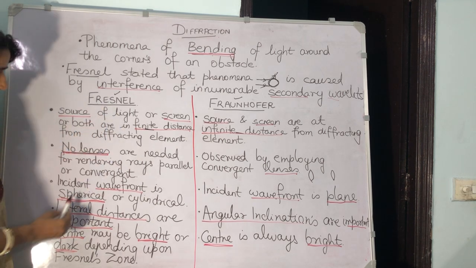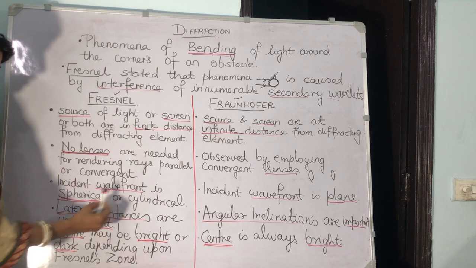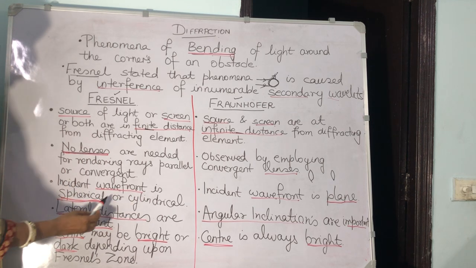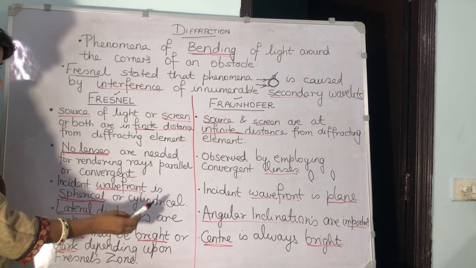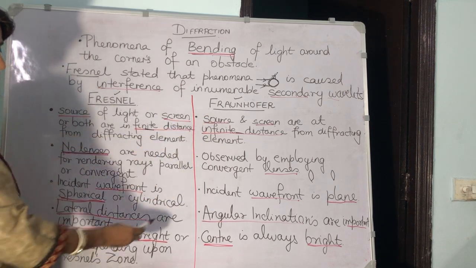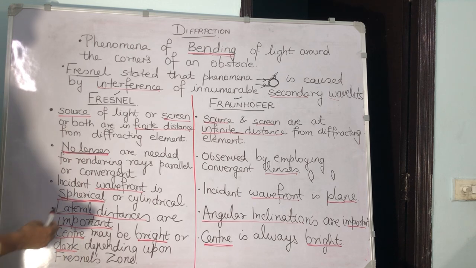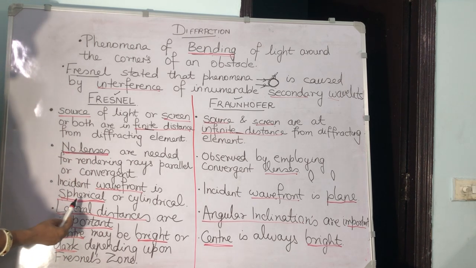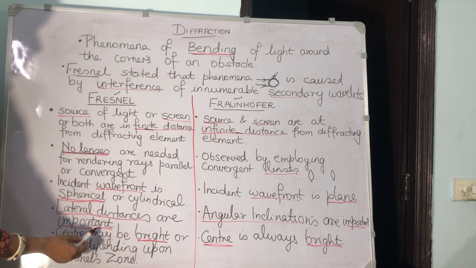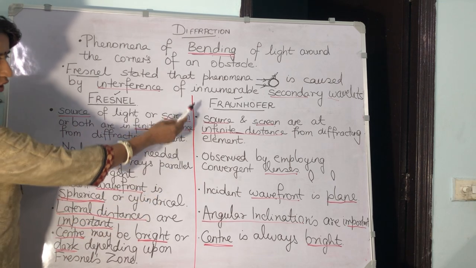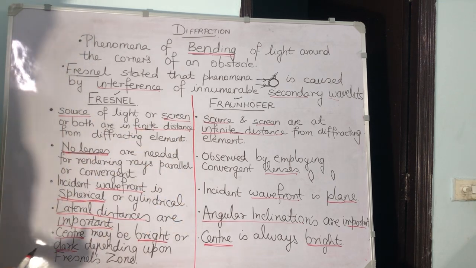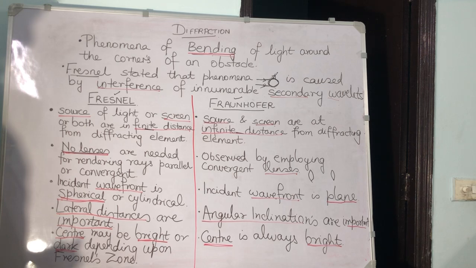Now in the Fresnel class, the incident wavefront is spherical or cylindrical, whereas in the Fraunhofer class the incident wavefront is plane. In the Fresnel class the lateral distances are important, whereas in the Fraunhofer class the angular inclinations are more important.